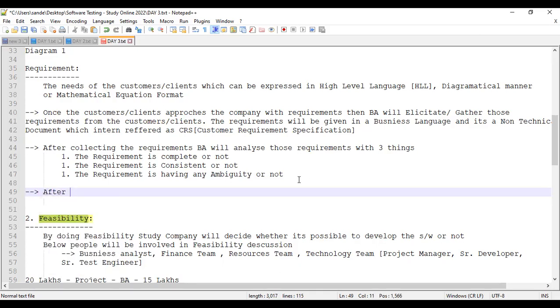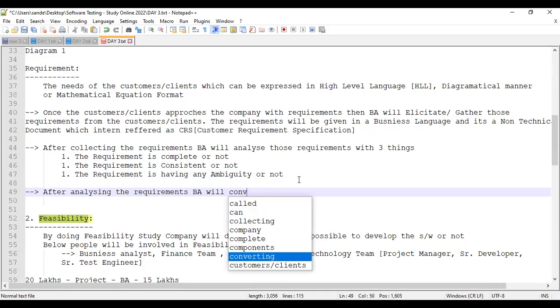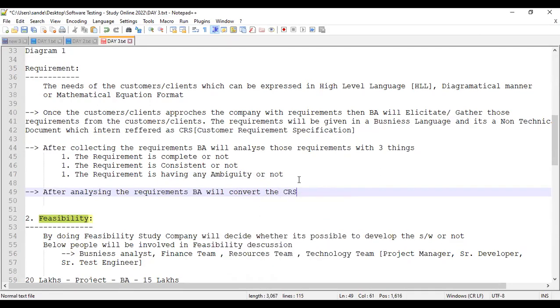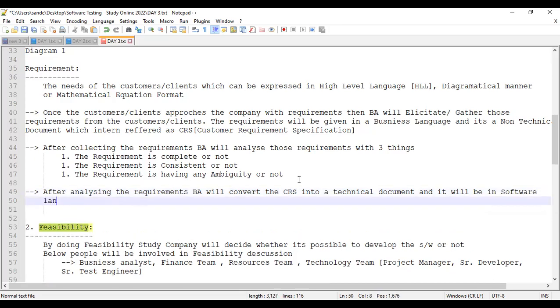After analyzing the requirement, the business analyst will convert the CRS into a technical document, and it will be in software language, which in turn is referred to as.